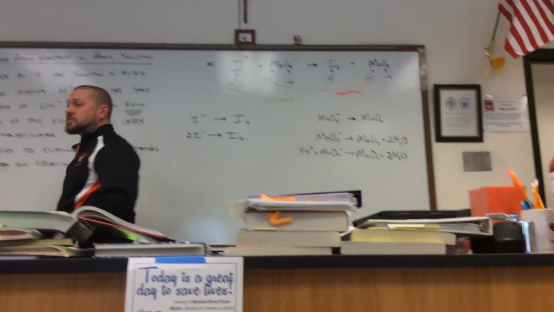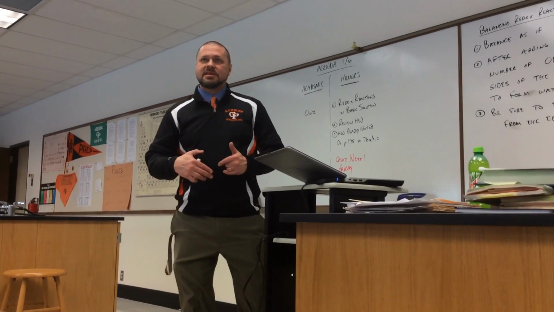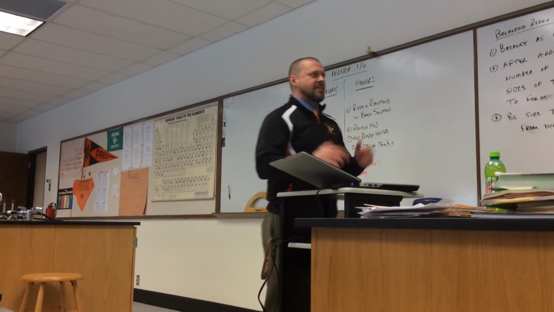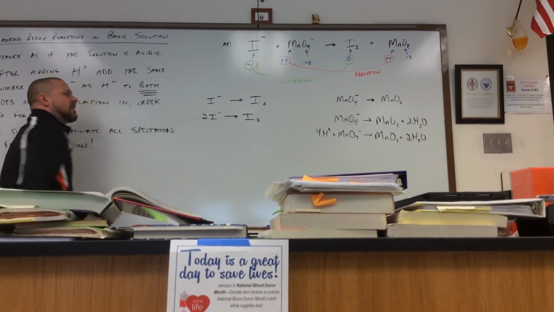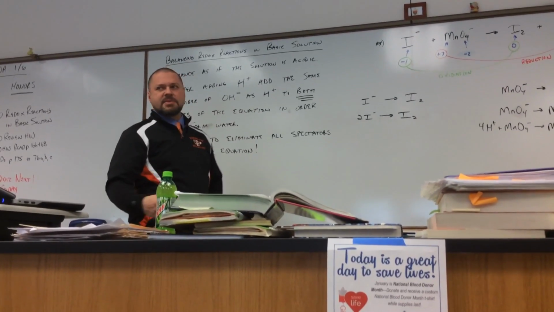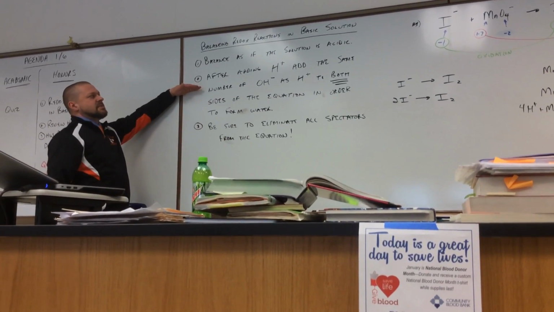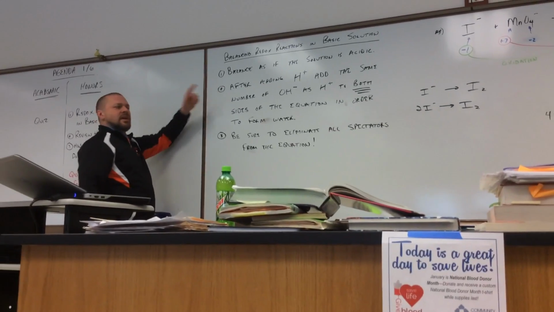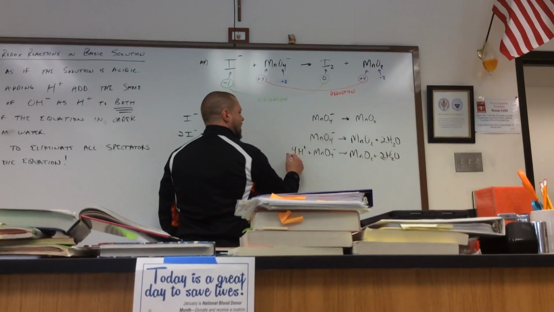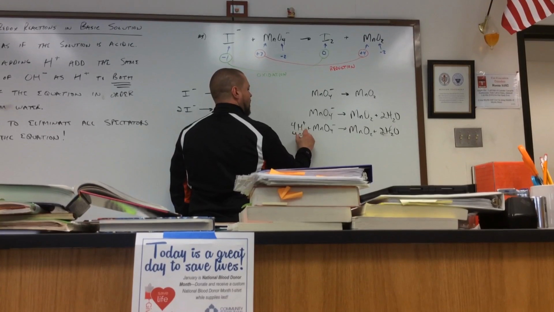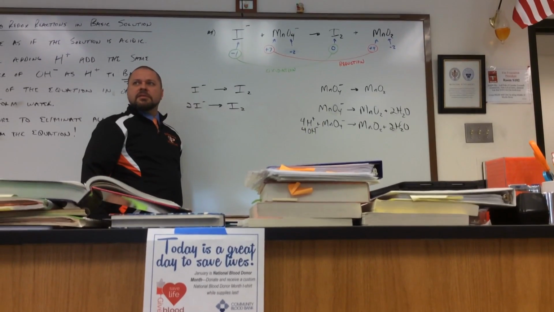Okay, now here's where we just created a problem. This is not an acidic solution. H pluses are in acids. So we can't have that. I don't have to worry about anything here because there's no H pluses to worry about. Now when I add my OHs here, this step, after adding H plus equals the same number of OHs on each side of the equation, the way that I like to do it, and you can do it whichever way you want, is on this side, I usually put 4OH right under it to remind me that that's going to turn into water.